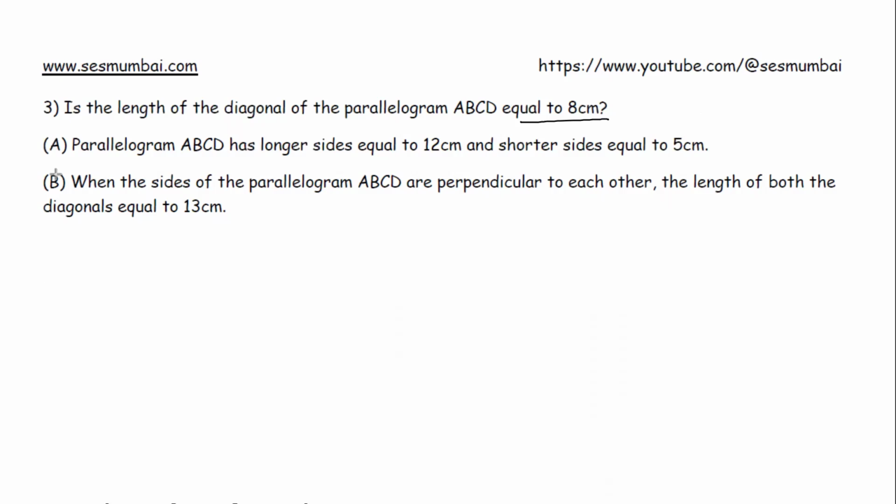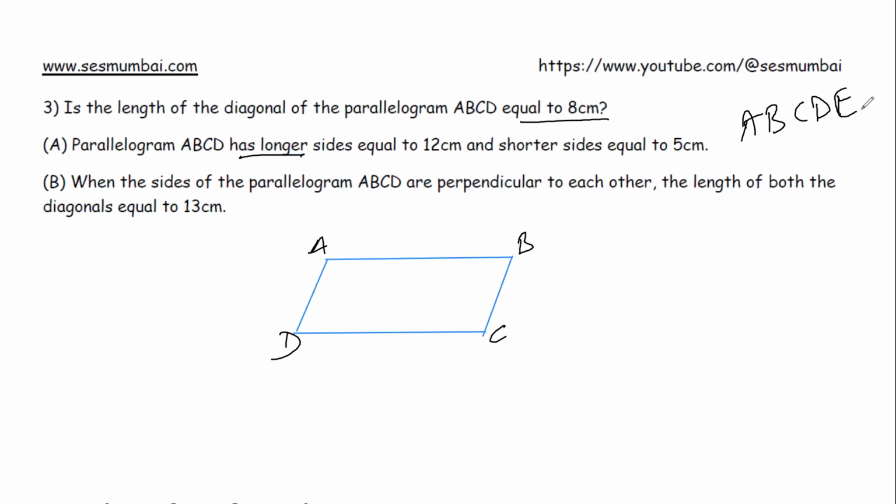So let's say this is a parallelogram, and it's ABCD. So the diagonal length is 8 centimeters. Okay. So parallelogram ABCD has longer sides, 12 centimeters, and the shorter one, 5 centimeters.